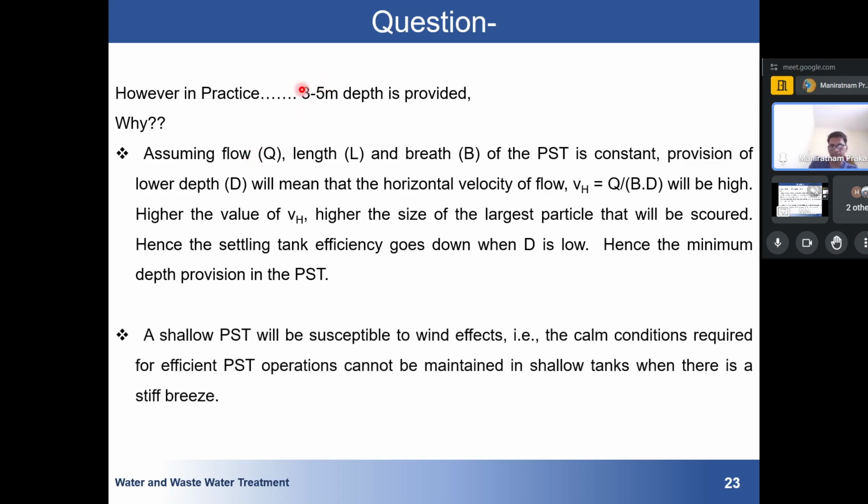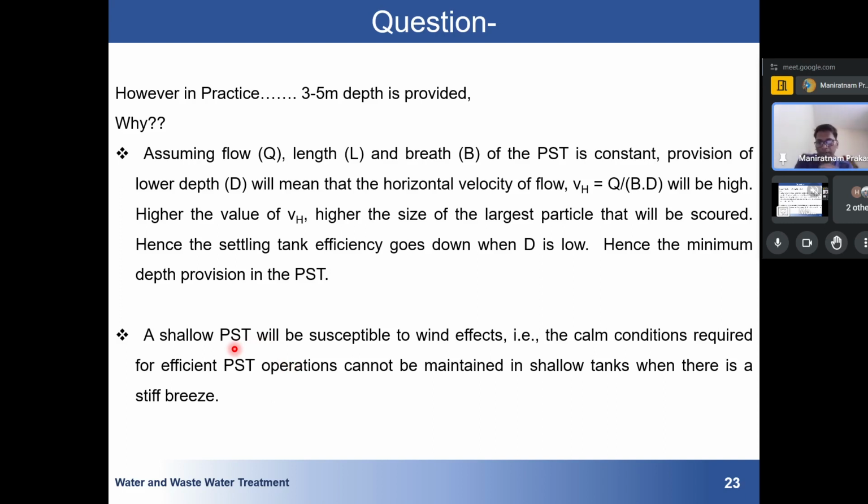Okay, a shallow PST will be susceptible to wind effect, and the calm condition required for PST operation cannot be maintained in shallow tanks when there is a steady breeze. Now imagine that your PST is very shallow.